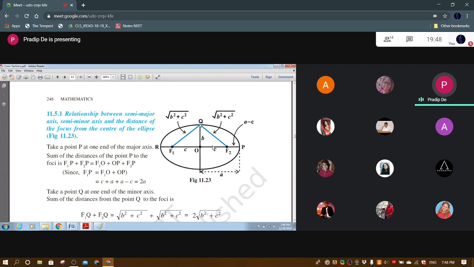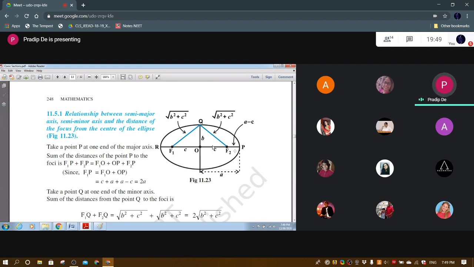Let us see what is QF1 plus QF2. You can see that it has formed a right angle triangle. So QF1 is the length of the hypotenuse, which is equal to square root of B square plus C square. QF2 is the same. So you may say that QF1 plus QF2 is equal to twice root over B square plus C square. Now they must be same.